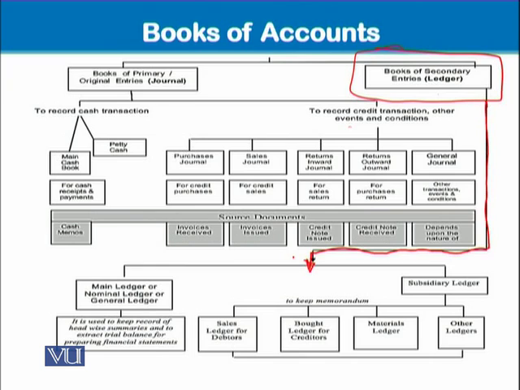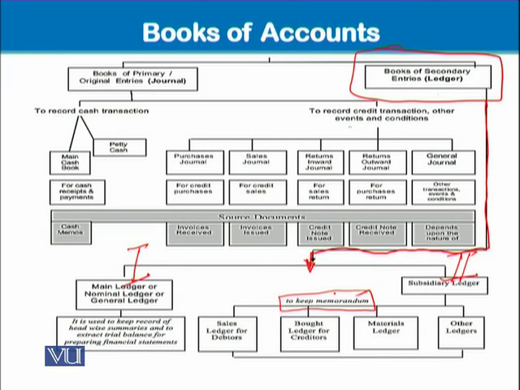Ledger is divided into two: main ledger and subsidiary ledger. The main ledger is also known as nominal ledger or general ledger, whereas subsidiary ledger is the ledger that is maintained for memorandum.